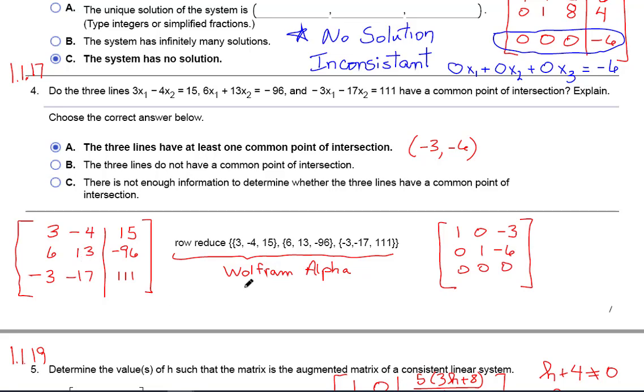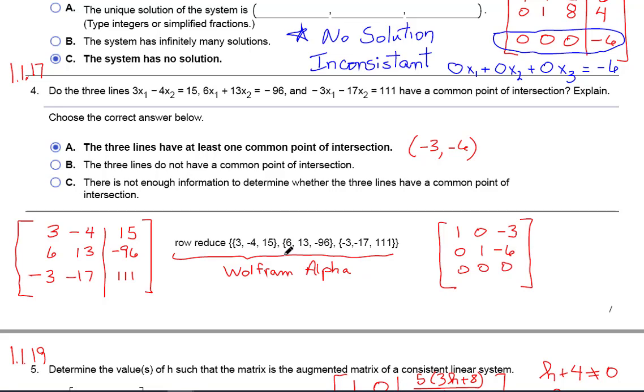And so you can use Wolfram Alpha, and you use the syntax row reduce. Notice I've got the parentheses here, the set brackets on the outside that denotes the matrix.